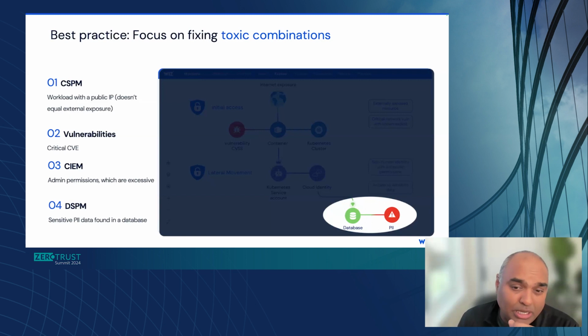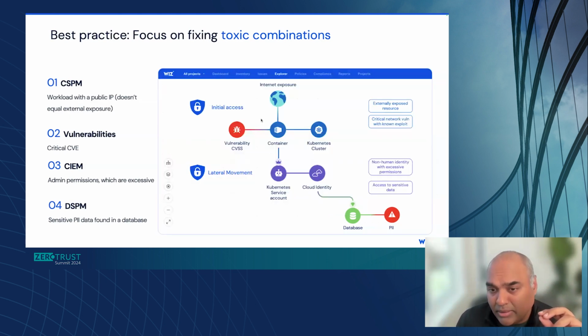The challenge here was that you were not able to tie all these pieces together in a cohesive manner, so that you can do all the correlation to understand that all these risks and all these alerts together really represent a critical attack path inside of my environment. And that is what is really needed, allowing your teams to not just identify, but also focus on the critical risks that you need to really pay attention to.